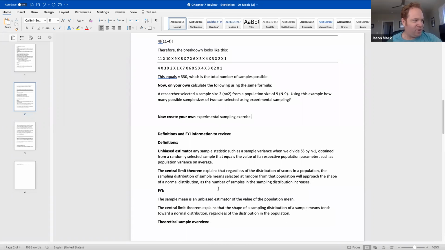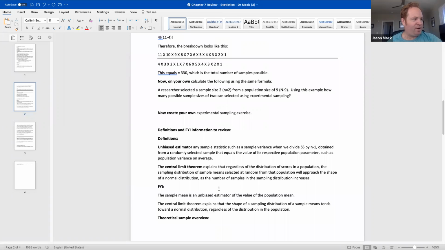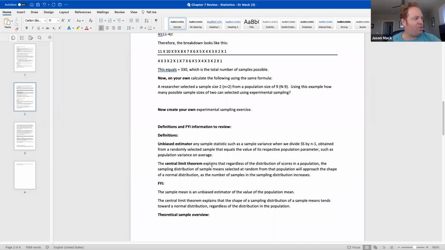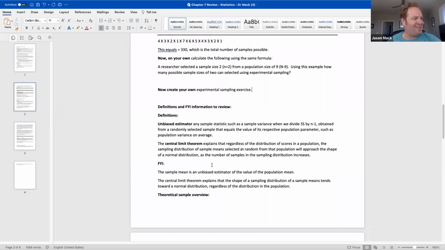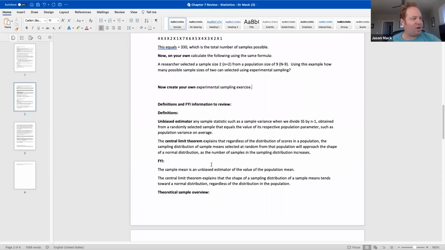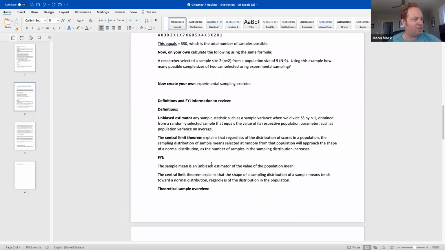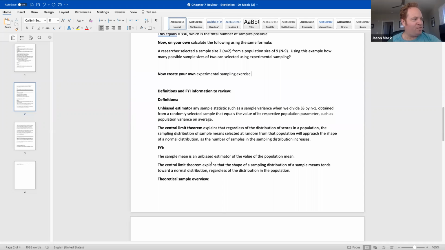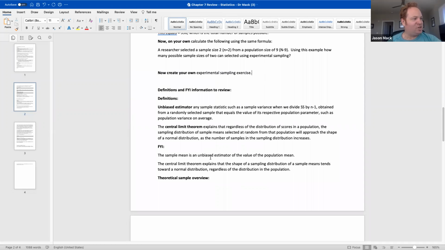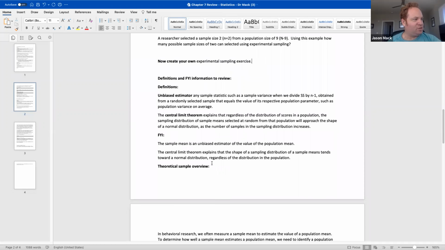An unbiased estimator is any sample statistic, such as the sample variance, when we divide the SS, or the sum of the squares, by n minus 1, obtained from a randomly selected sample that equals the value of its respective population parameter, such as population variance, on average. The central limit theorem explains that regardless of the distribution of scores in a population, the sampling distribution of sample means selected at random from that population will approach the shape of a normal distribution as the number of samples in the sampling distribution increases.